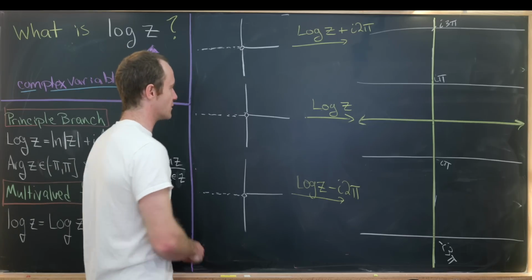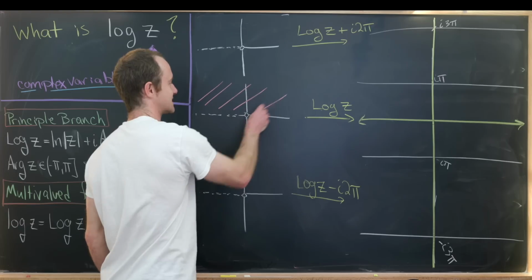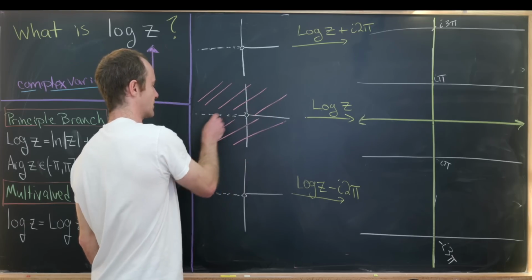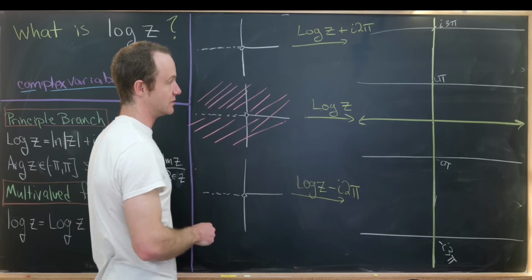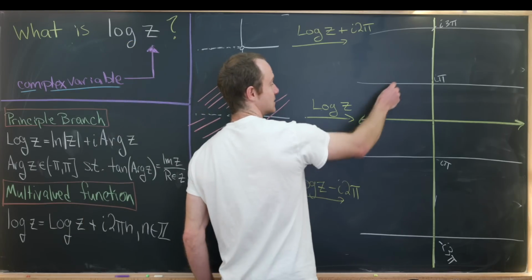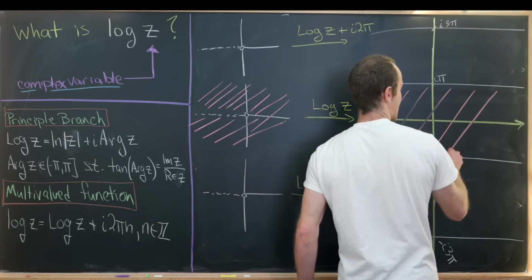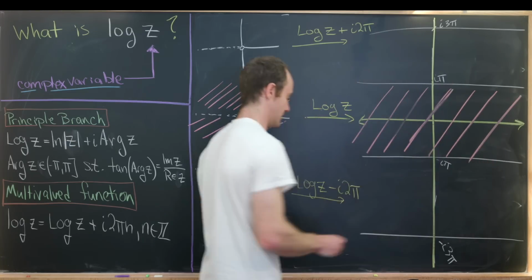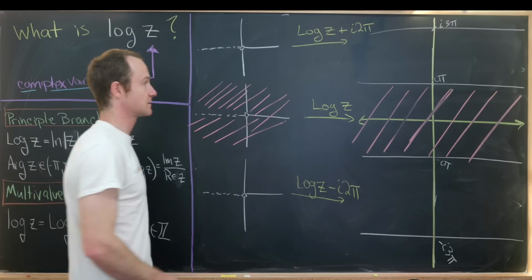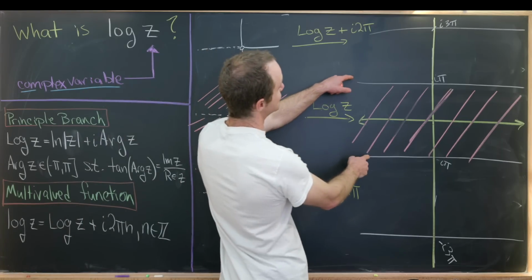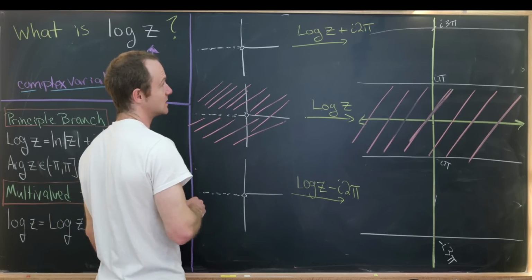So let's recall from what we saw on the last board, this principal branch takes this slit complex plane, in other words, the complex plane with the non-positive real axis removed, and it maps it over here to this strip between -i pi and +i pi. Okay, now what happens up here? Well, we essentially just move this strip up 2 pi units because we're adding 2 pi i.